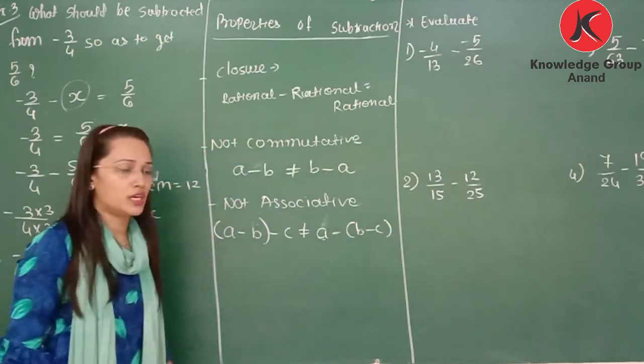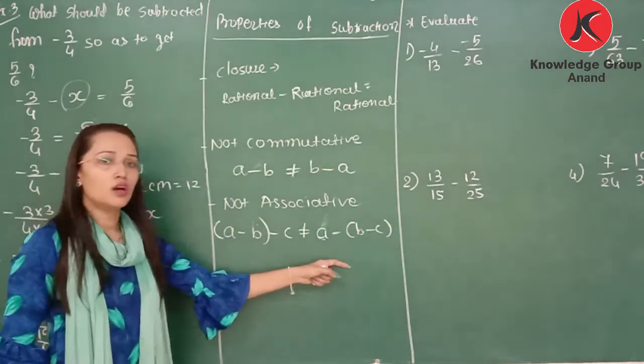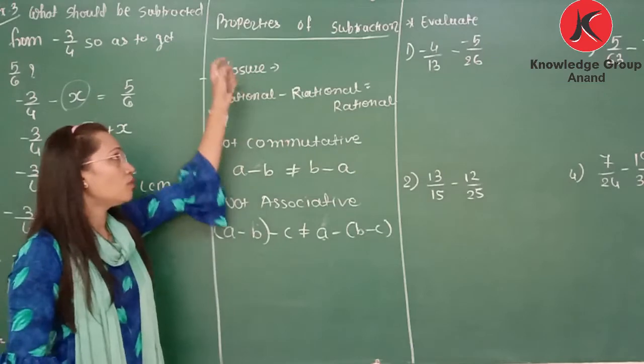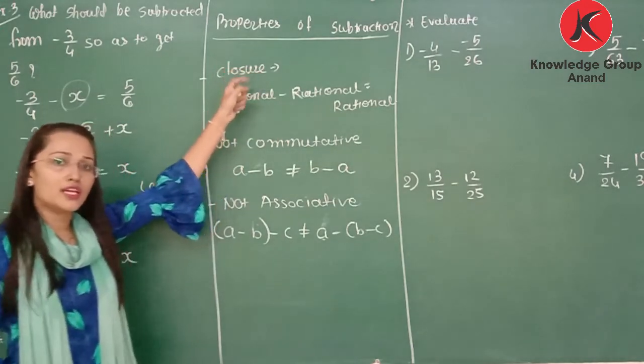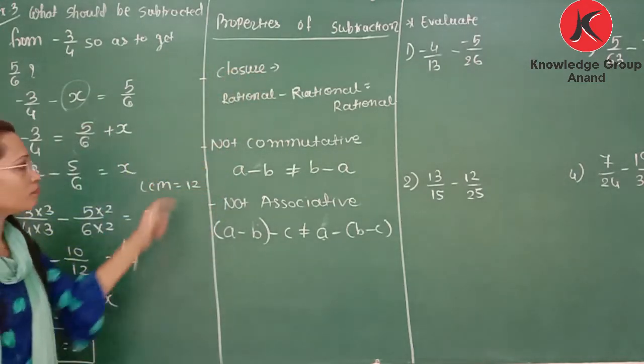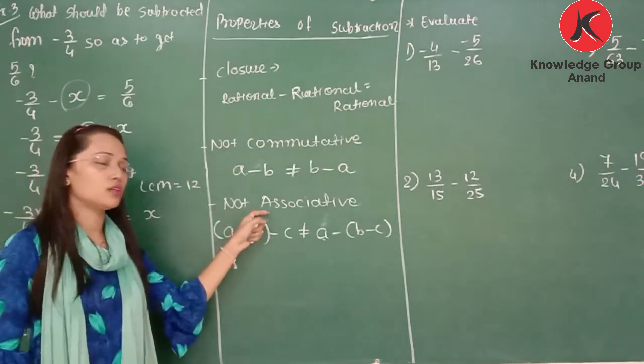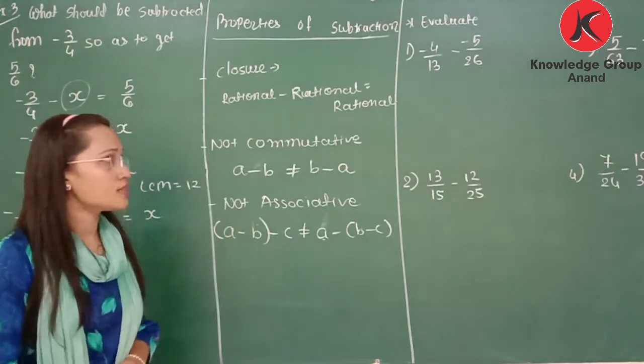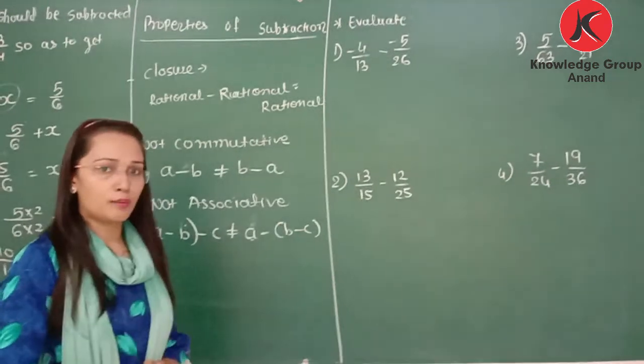So we cannot change the bracket in subtraction. So closure means rational numbers are closed for subtraction, but it is not commutative and not associative.